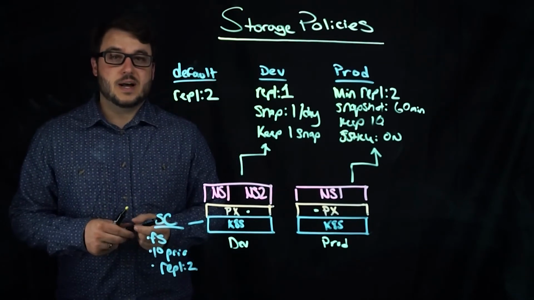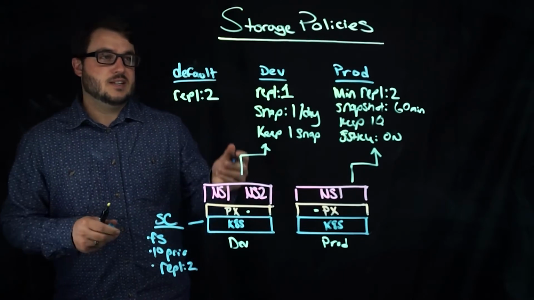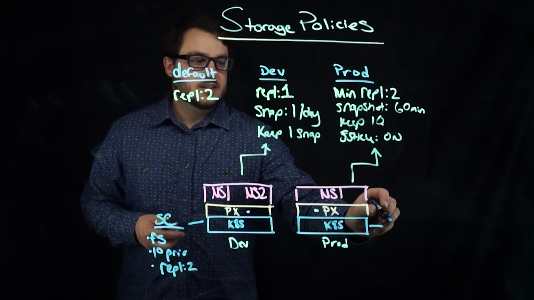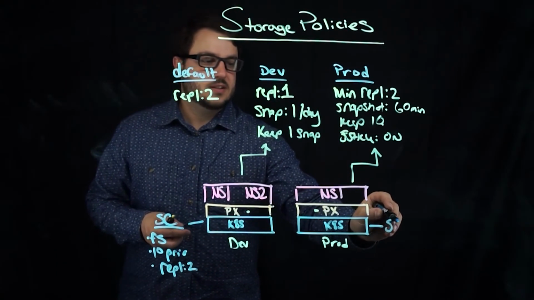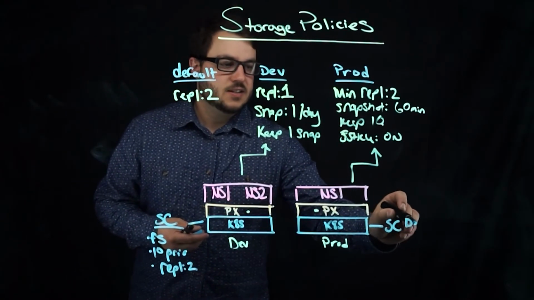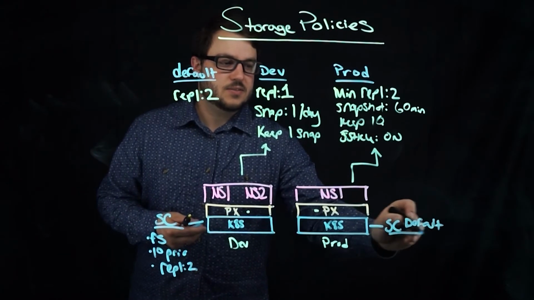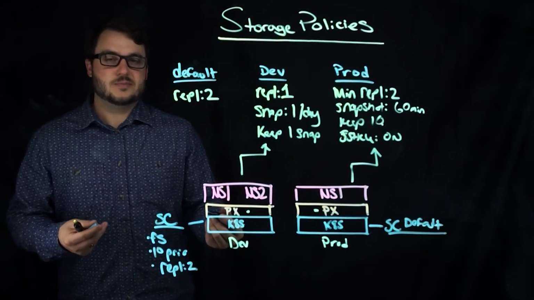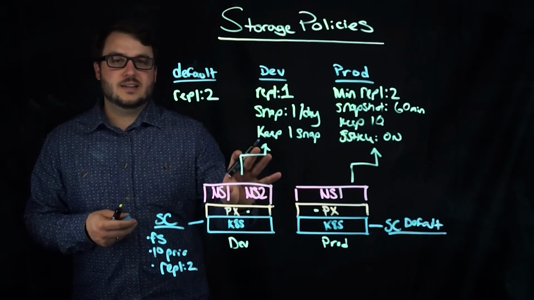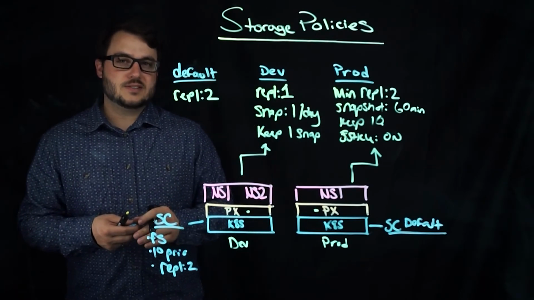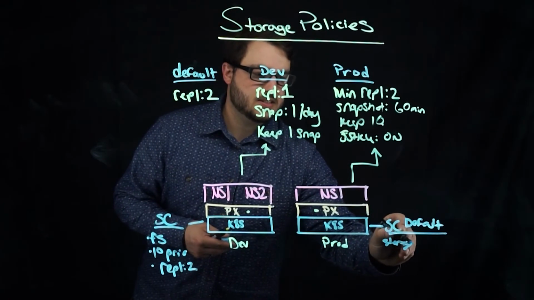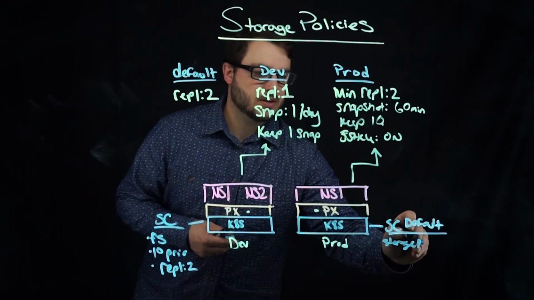The other nice part about using the storage policies mixed with Kubernetes is that Kubernetes also has storage classes, and Kubernetes lets you set what the default storage class to be used should be. And in this case, we want to make sure that any volume in our production cluster uses the prod storage policy, and this can be set in the storage class for Portworx.